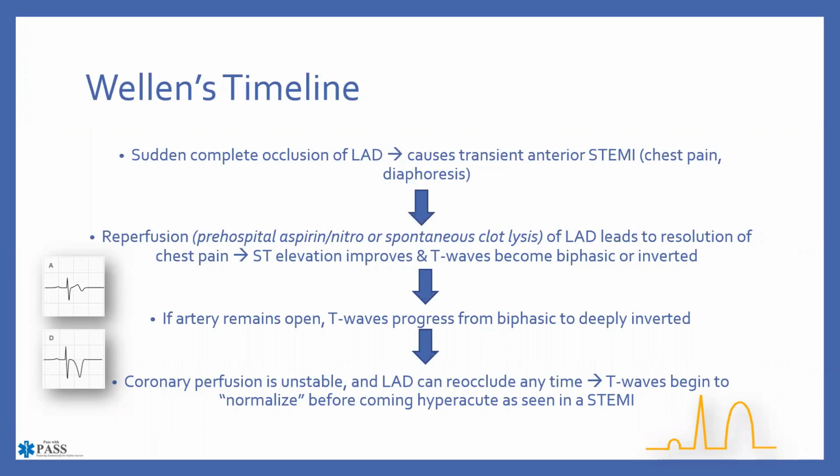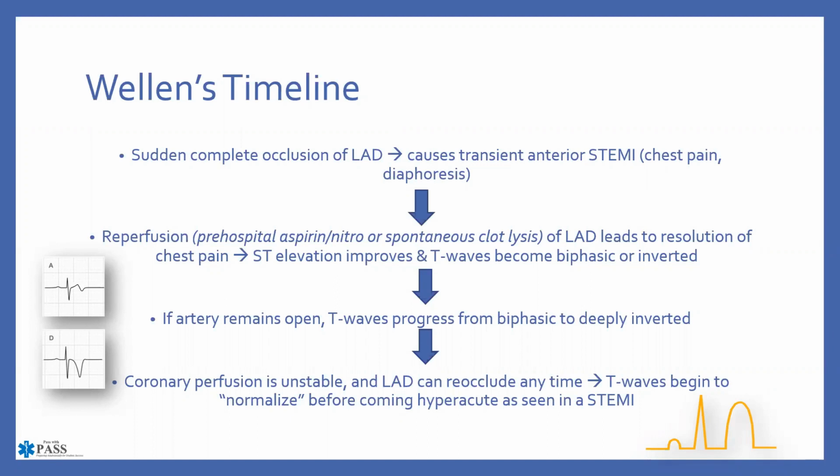So a sudden complete occlusion of the left anterior descending causes a transient anterior STEMI. The patient has chest pain and diaphoresis. They either take their nitro and aspirin at home, or we get there and we give that. The LAD opens, leading to resolution of chest pain, and the ST elevation improves, and the T waves then become biphasic or inverted.